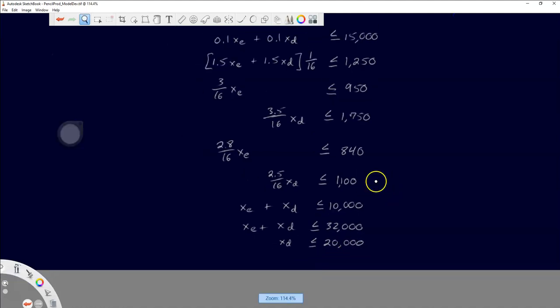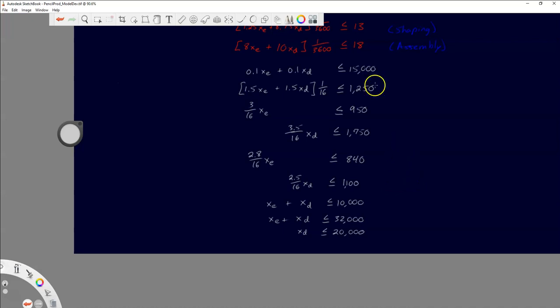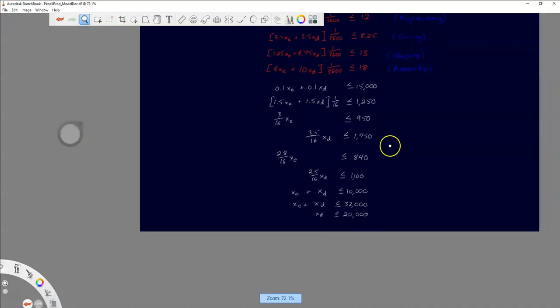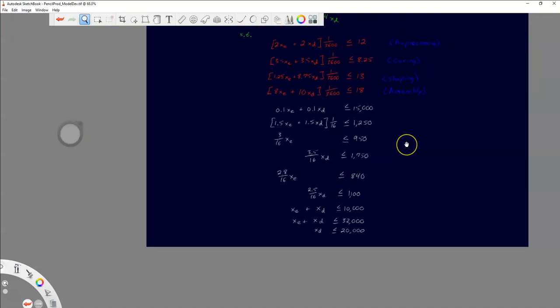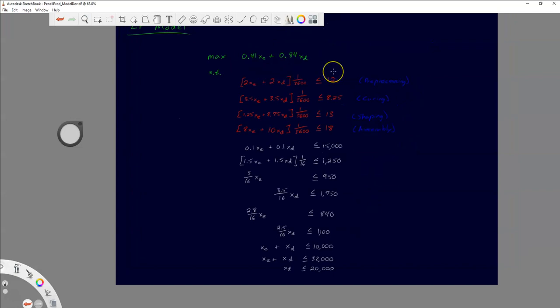All right, so I won't go through the time to annotate each one of these, but basically we walked through that table, and every one of these inequalities is going to ensure that we do not consume more than the allowable inventory of any given raw material. And so our model is almost complete, and the only thing that we need to do at this point is make sure we state that x sub e and x sub d cannot be less than 0, right?